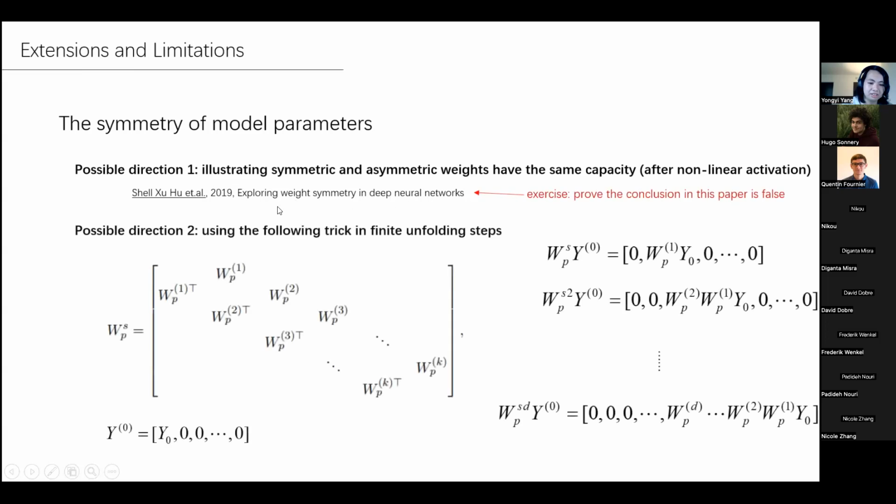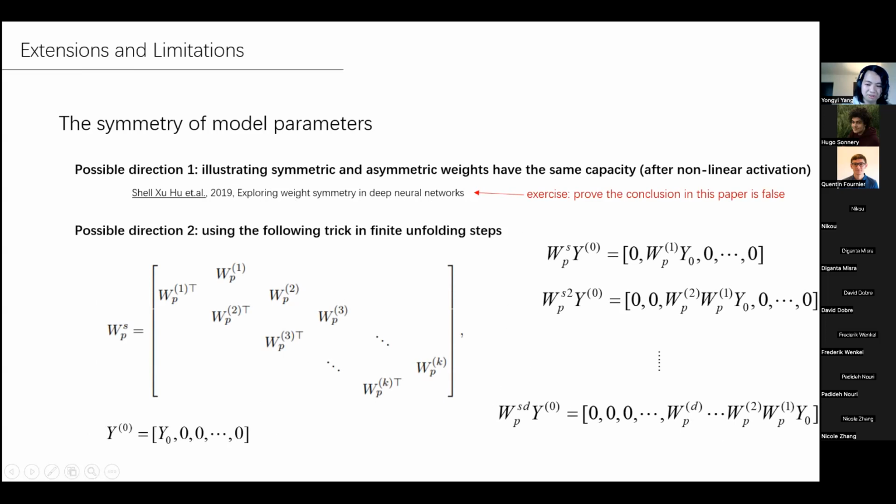Another possible direction is that if we only unfold the optimization for finite steps, then we can use a trick: we construct a very large weight matrix like this, and we initialize our y to be y0 and a lot of zeros.